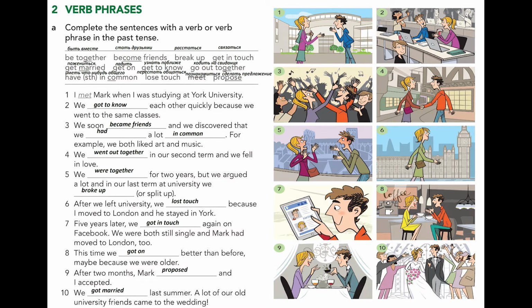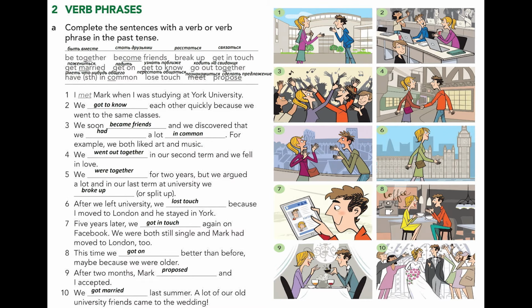5. We were together for 2 years, but we argued a lot, and in our last term at university, we broke up. 6. After we left university, we lost touch because I moved to London and he stayed in York. 7. 5 years later, we got in touch again on Facebook.